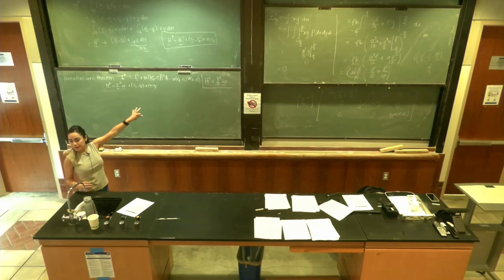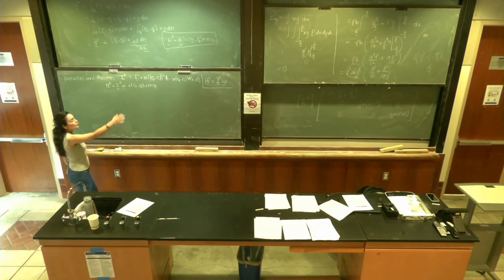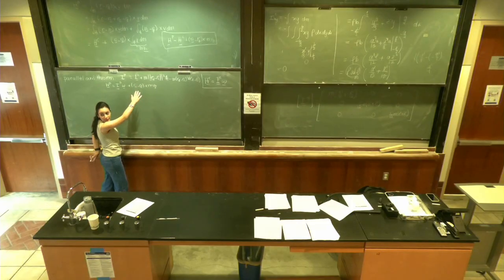I want to express it like this and obtain IP. That's going to be a relationship between the moment of inertia about the center of mass and the moment of inertia tensor about any point P.